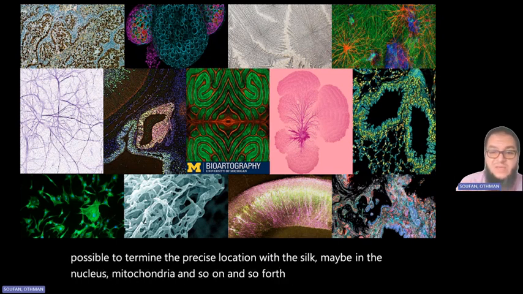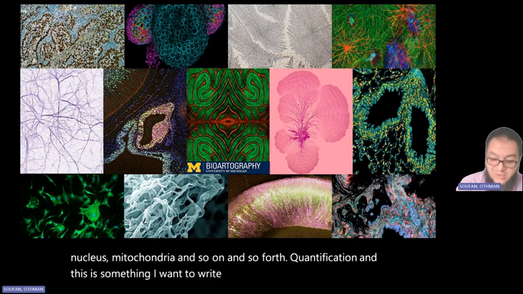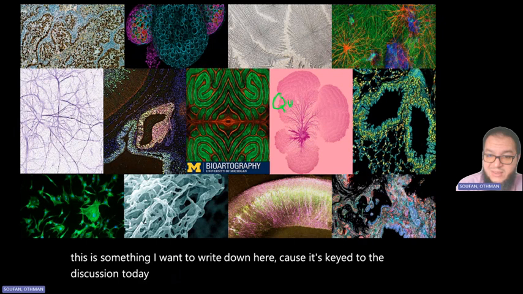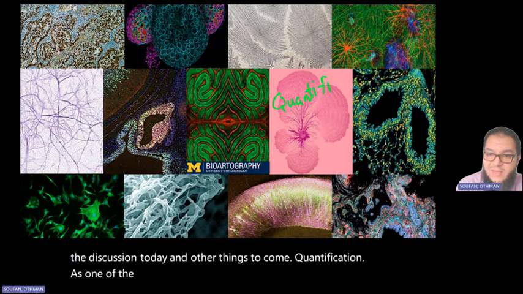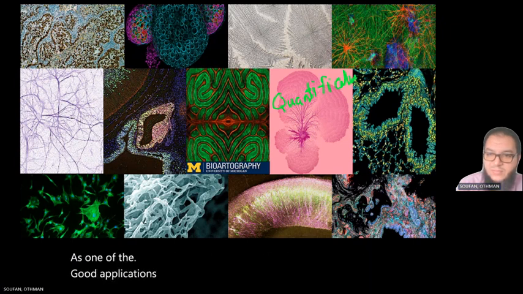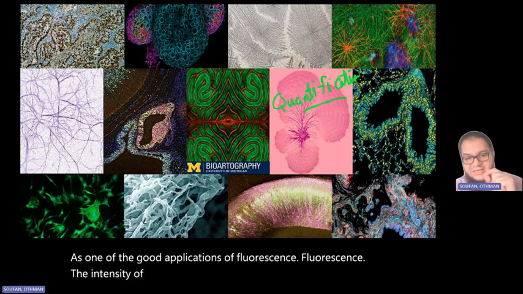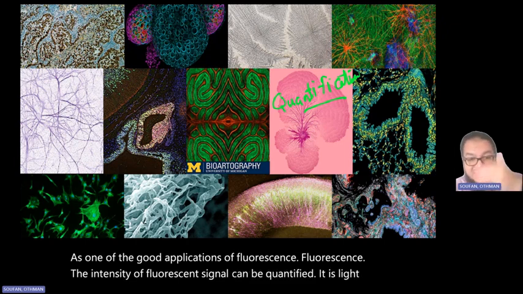Quantification, and this is something I want to write down here, because it's key to the discussion today and other things to come. Quantification is one of the good applications of fluorescence. The intensity of the fluorescent signal can be quantified. It is light that we can scan.